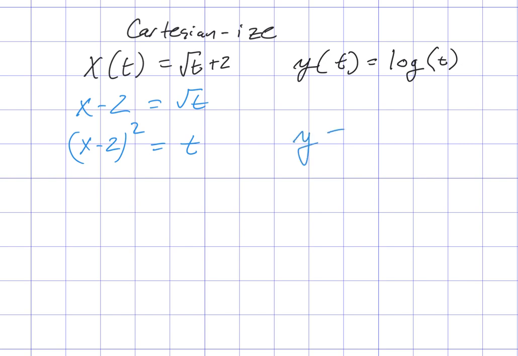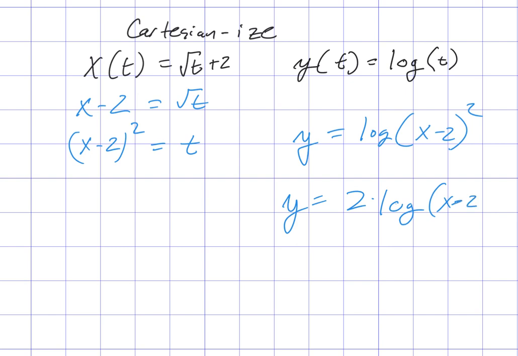So my y equation will now be y equals the log of x minus 2 squared, or, and both are exactly the same equation, 2 log of x minus 2. Either one of those would be a permissible way to finish out that problem.